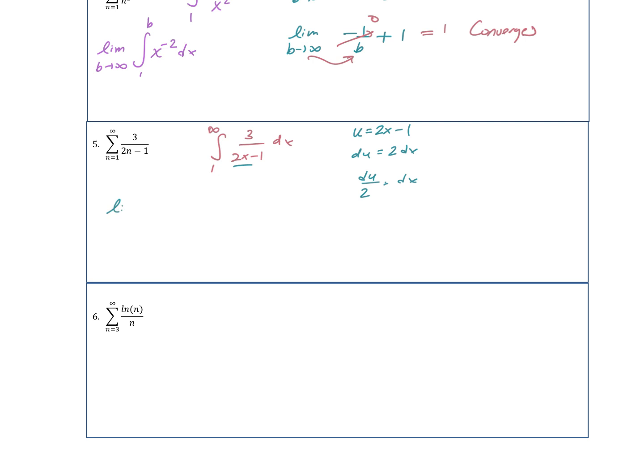So we're going to do the limit as b goes to infinity. So it ends up with 3 halves. I have this 3 I'm taking out. This 2 I'm dividing. And then it's ln of u, but u is 2x minus 1. And we're going to go from 1 to b.